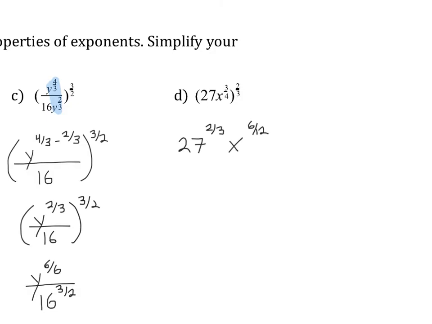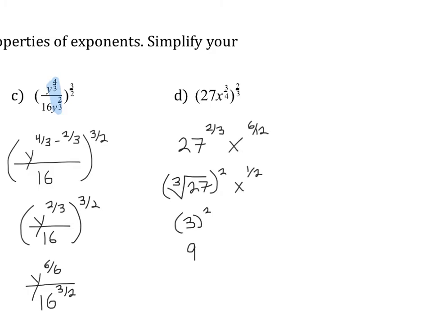And let's see if we can simplify this at all. So this term, again, we can rewrite this as a radical, becomes the cube root of 27 squared. And then this becomes x to the power of 1/2. We know that the cube root of 27 is 3. So this actually becomes 3 squared, which is 9.